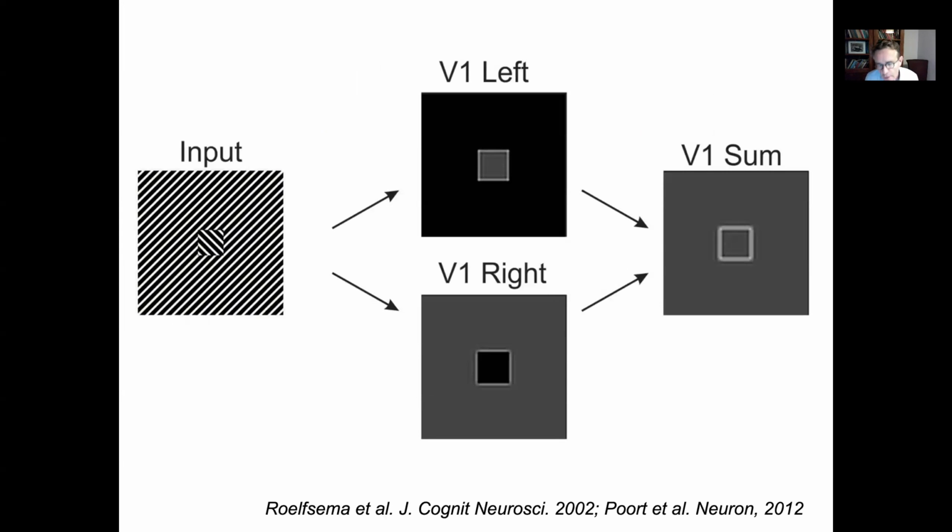Okay, now you can make this work in a model. I'll briefly allude to the main ingredients of such a model. We published that. So here's the image, a figure with the left orientation and background of the right orientation. Here are neurons tuned to the left orientation responding to the figure, and neurons responding to the right orientation that respond to the background.